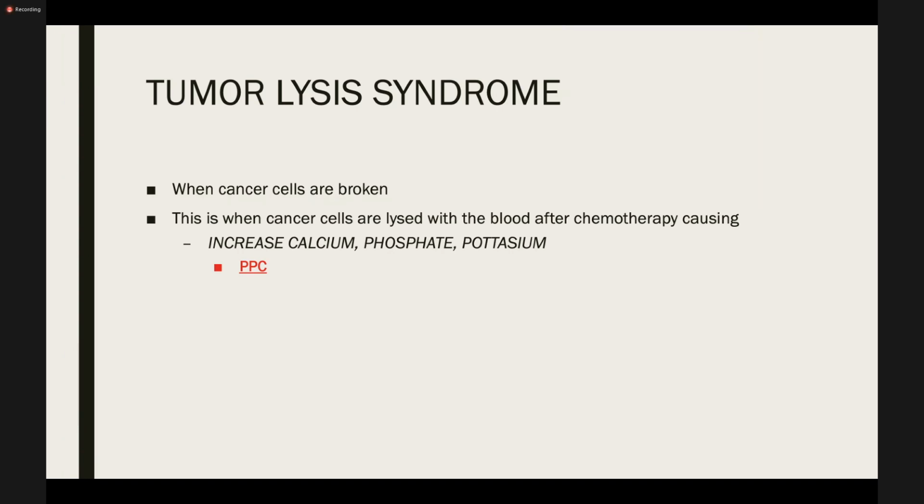There's a question like that on your supplemental medicine that talked about this. I'll say you should review that very well. So my mnemonic is called PPC. Patients that have tumor lysis syndrome have cancer, they're on chemotherapy or radiation, and now they have increased calcium, phosphate, and potassium. So just know tumor lysis syndrome.